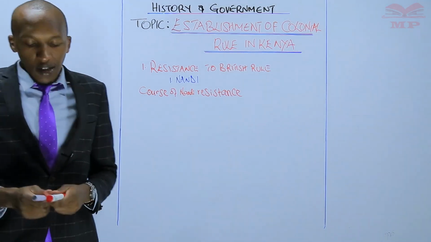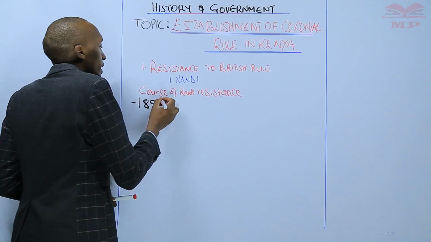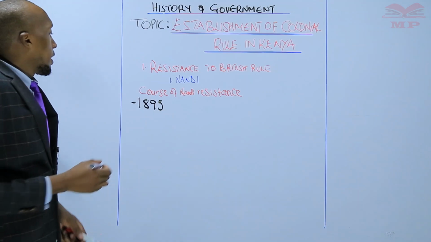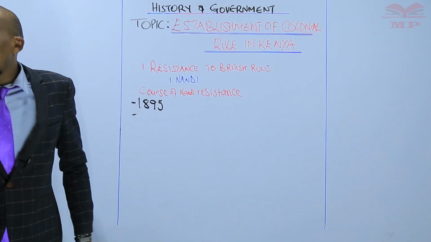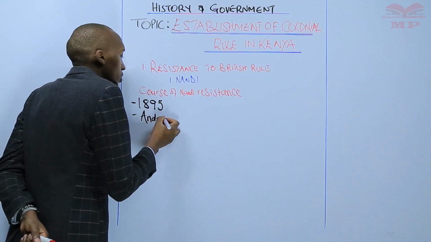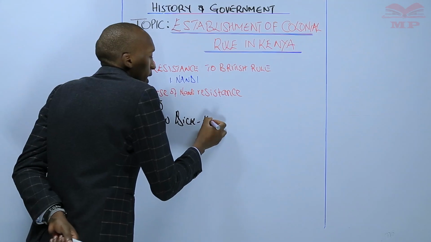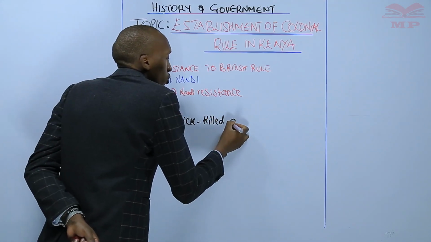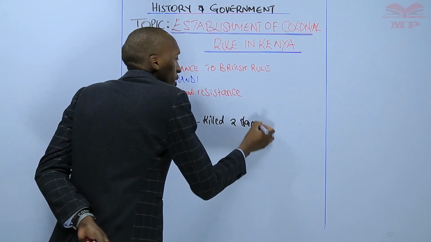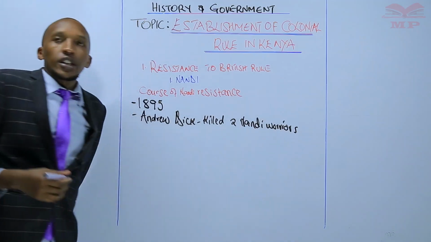And the first thing we are supposed to learn is that it started in 1895. That is when the resistance started, and it started after a certain British trader known as Andrew Dick attacked and killed two Nandi warriors who had strayed into his camp.